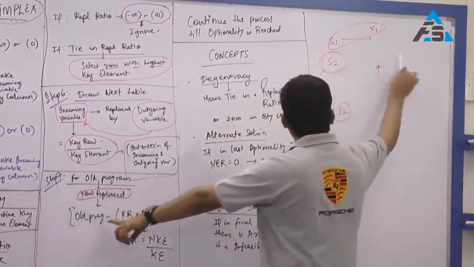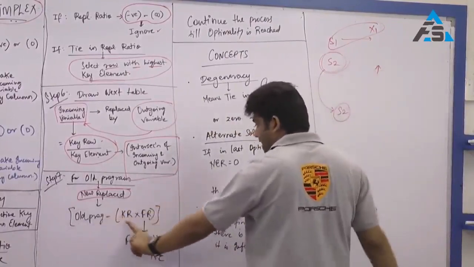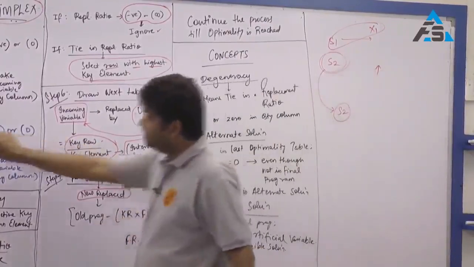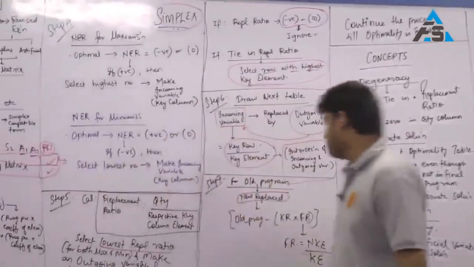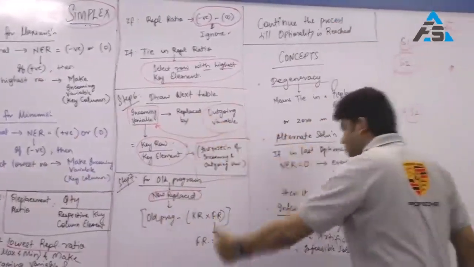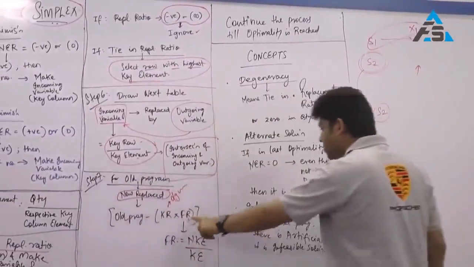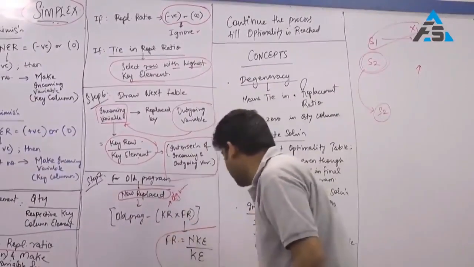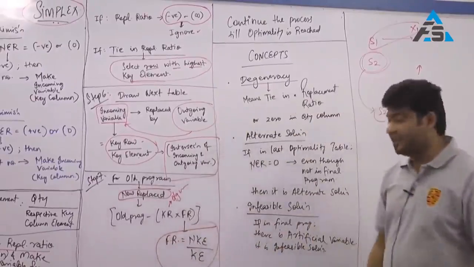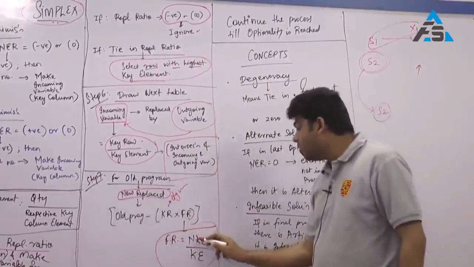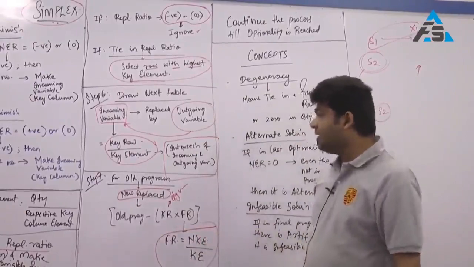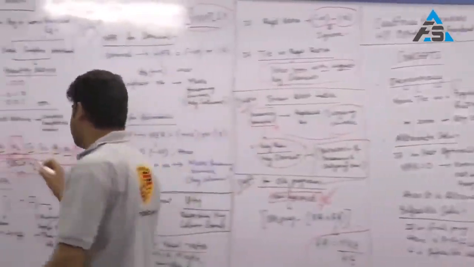Old program. So already the old program is there, that minus key row, the outgoing variable row, into FR, the fixed ratio, which is nothing but non-key element upon key element. What is your non-key element? Your intersection is there.